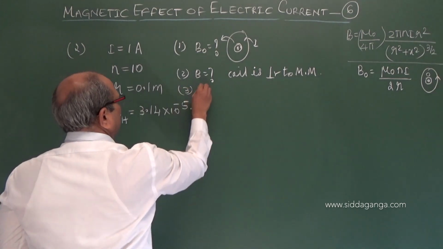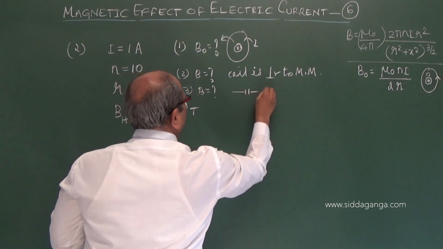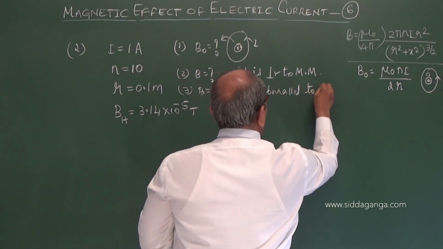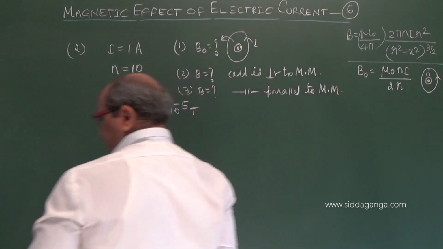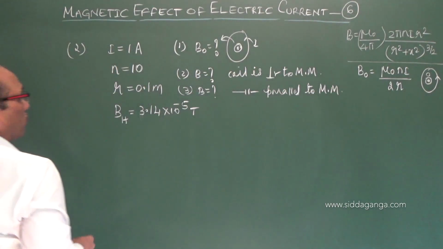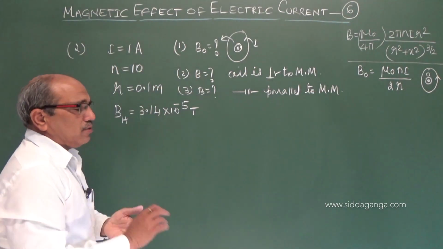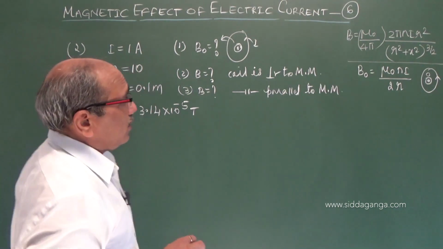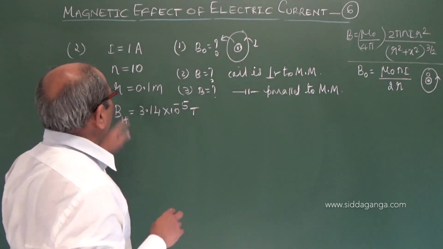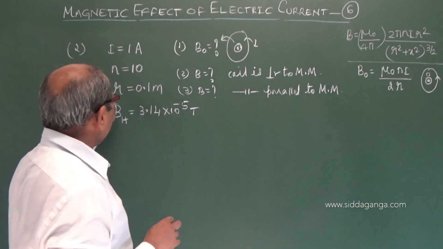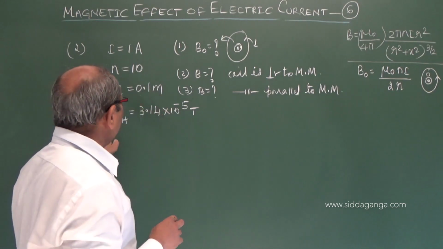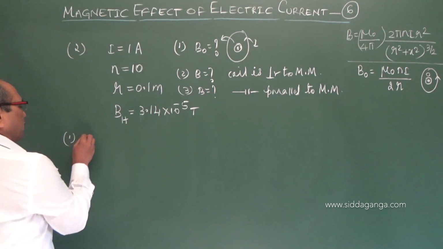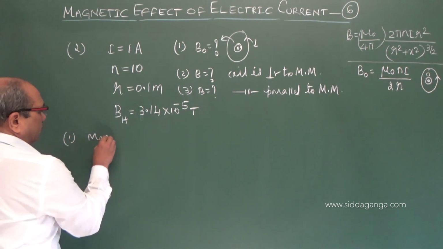And third, when the coil is parallel to the magnetic meridian. So there are three parts in the problem. They gave the current 1 ampere flowing in a coil having 10 turns, radius 0.1 meter, and the Earth's horizontal component.